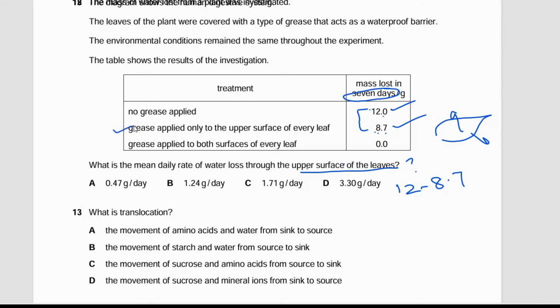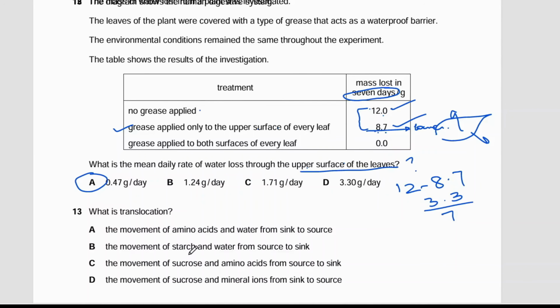Since this one has grease on it, this one hasn't. This is the one for the lower side only, and this is for upper and lower both. So we subtract, and the answer would be 3.3 divided by 7 days, 0.47. Okay, this was tricky.